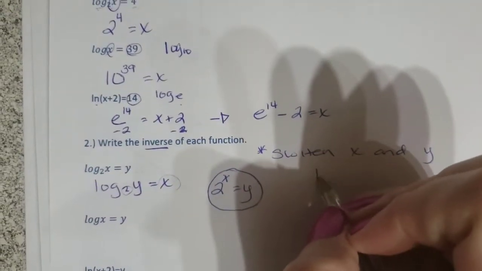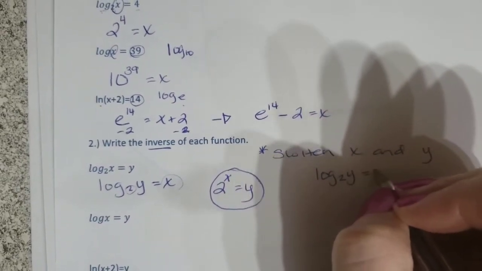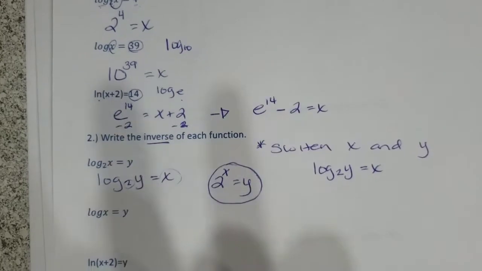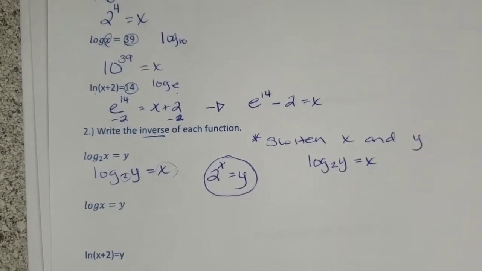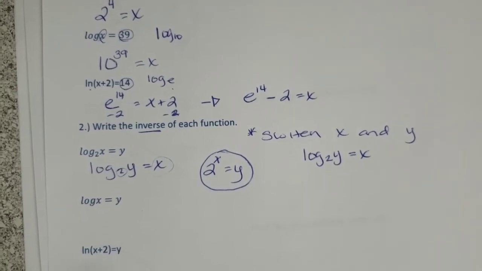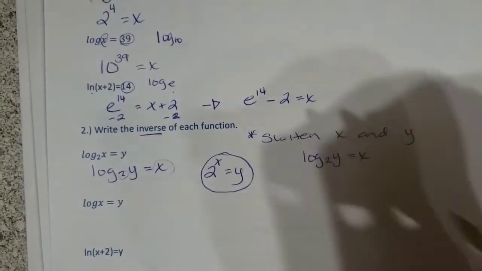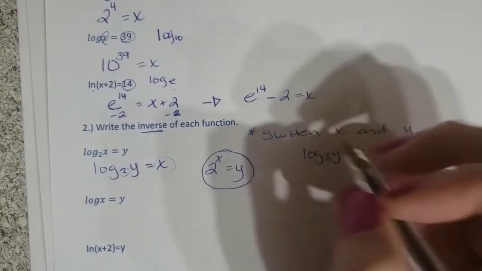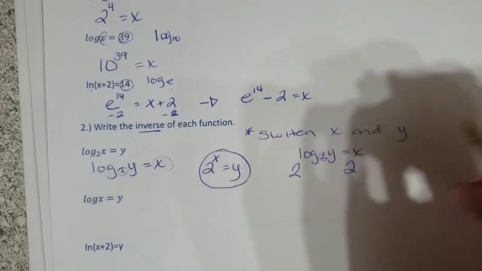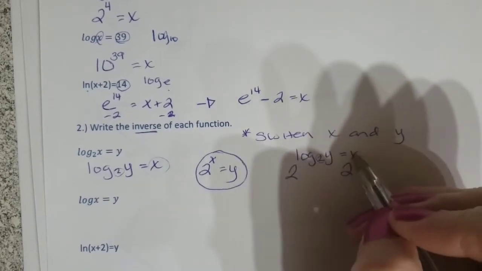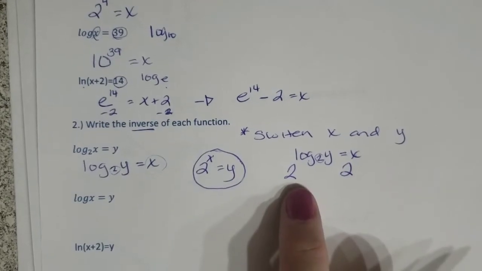So sometimes you have to take your, so say your log base 2 of y equals x, and you actually have to do an inverse operation. Just like if we were adding something, you'd have to subtract. Here we have to do the inverse of logs, which is exponents. So I'm going to take my base and I'm going to make it nice and big under each one of these so that these two things now become the exponent on a base of 2.